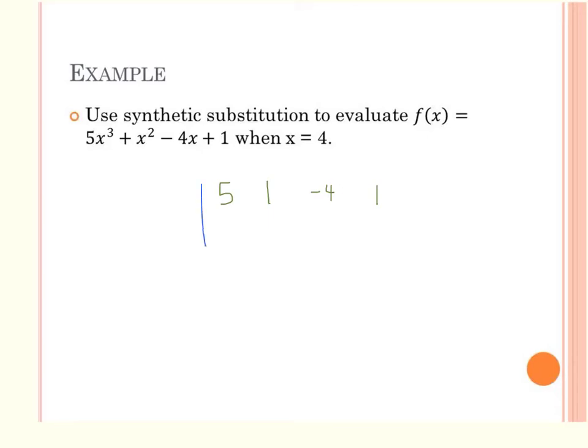You're going to draw in your L around it, and you're going to put your 4 on the outside. And we start by dropping, so the 5 comes down. Then we multiply and get 20, add and get 21, multiply and get 84, add and get 80, multiply and get 320, add and get 321.